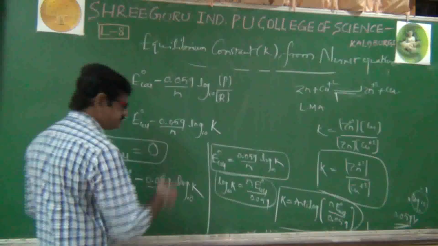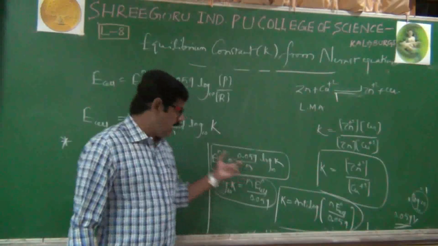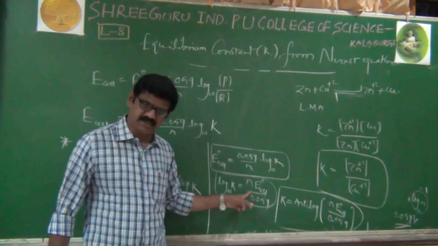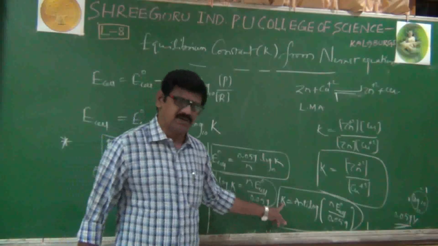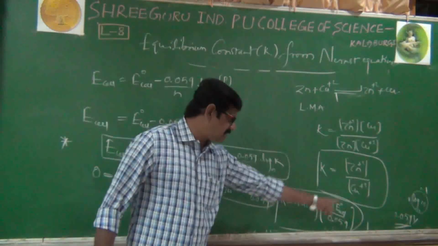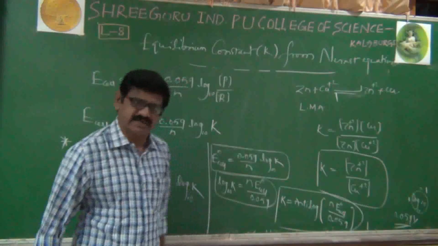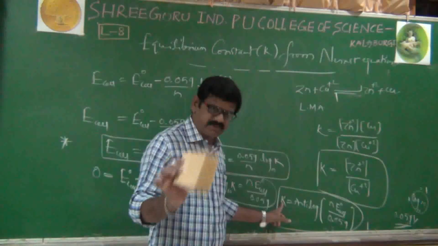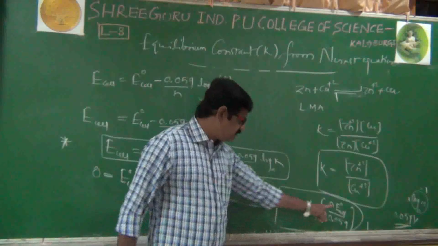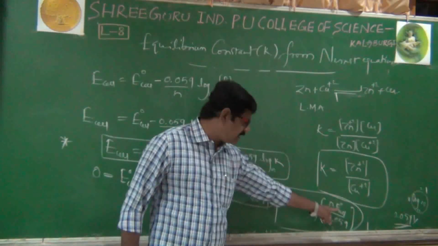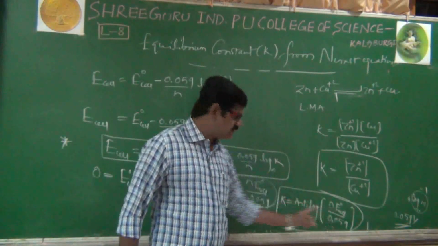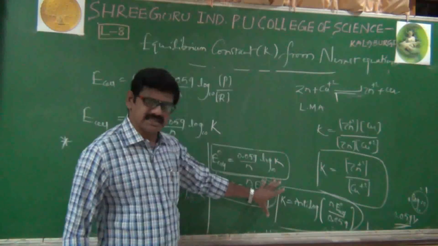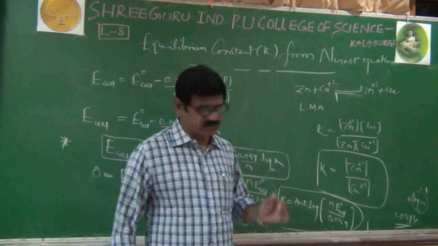That only I have written here. And it is also one of the expressions. After that, log base 10 K is equal to, we are getting another expression. And ultimately K equal to antilog of n E naught cell divided by 0.059. That's why, before we calculate the equilibrium constant, we compulsorily have to know the E naught cell value. Then only we will get the equilibrium constant value, and based on these formulas we'll solve some questions now.